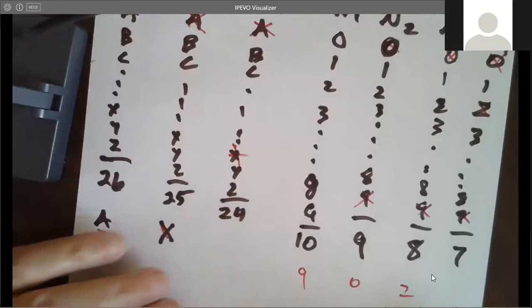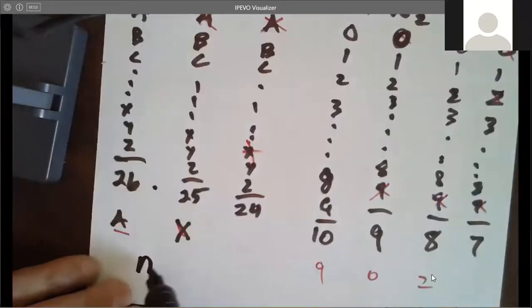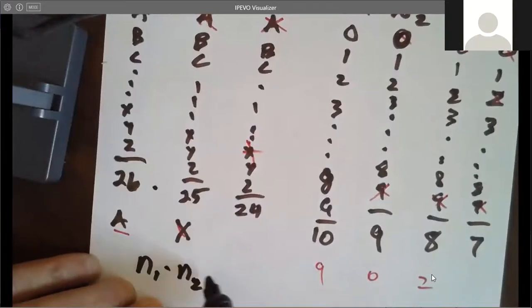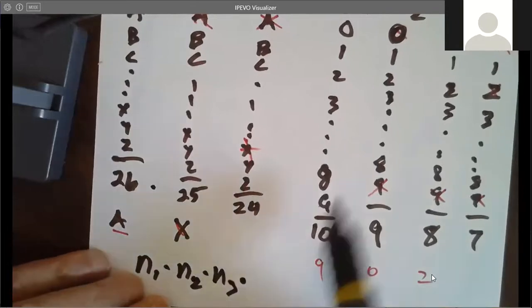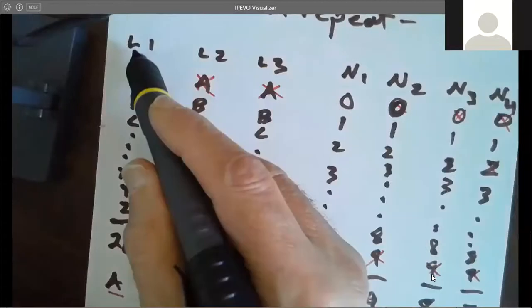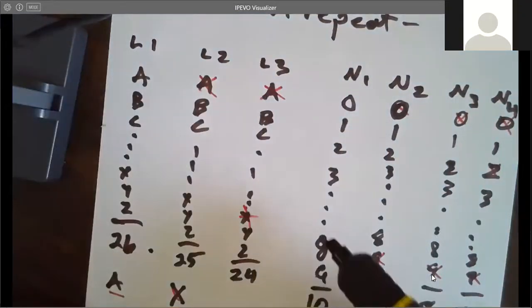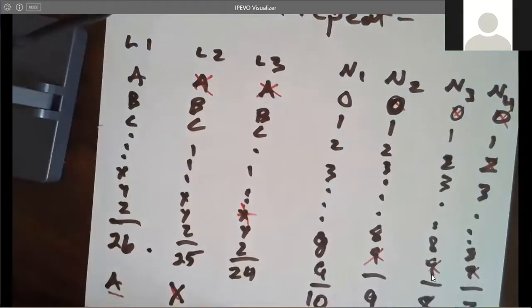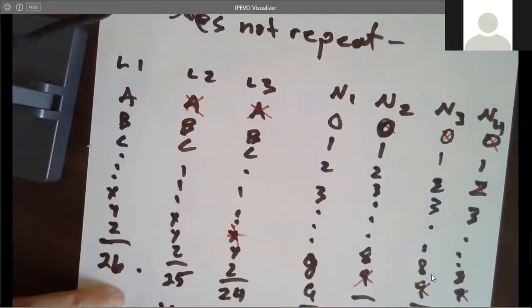So the fundamental counting principle states that we have the first item, n1 times n2 times n3, and then times, so the L1 would be n1, L2 would be n2, for the third letter would be n3, and then the first number would be n4 times n5 times n6 times n7.